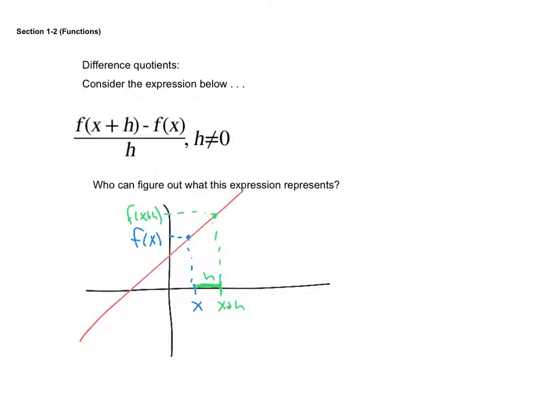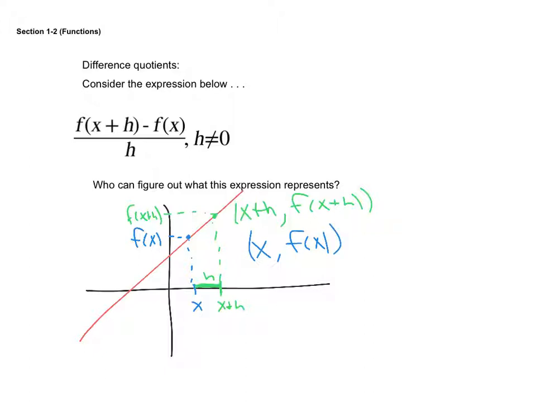So this point right here is x plus h, comma, f of x plus h. So that is the ordered pair representing that point in green. And I'll do the other point in blue. And that point is x, comma, f of x. Okay, and that's the second ordered pair.